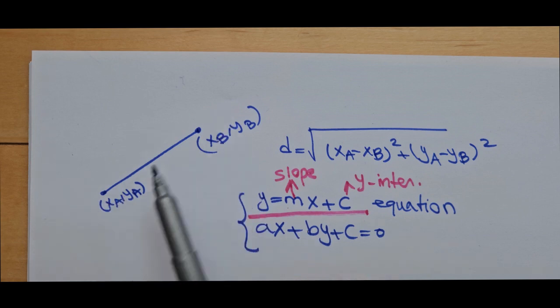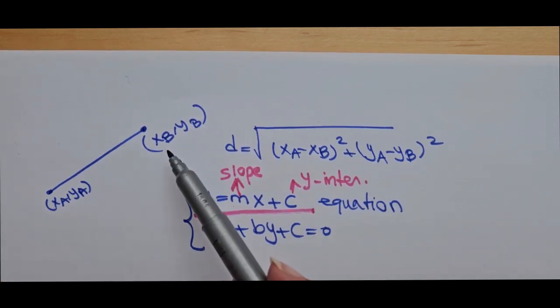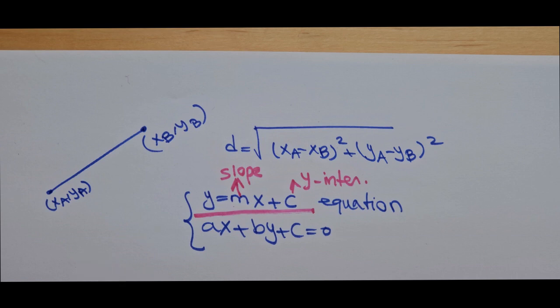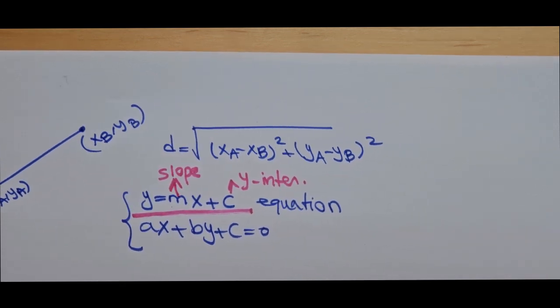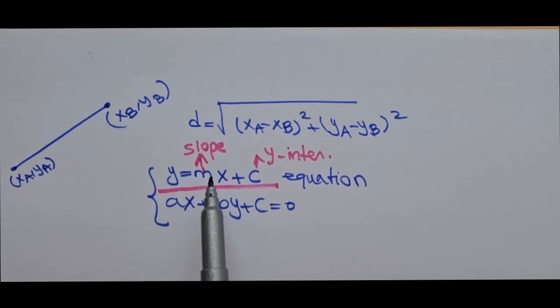This is the line. These are the 2 points on a line, and you need at least 2 points to draw it, right? And then remember, if they give us 2 points and they ask us to find the equation of the line, there are a few steps we have to do. Take a look at here. We need the slope, okay?